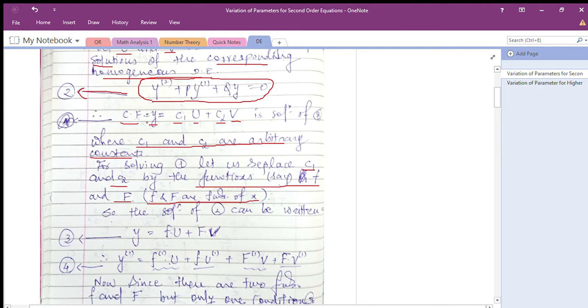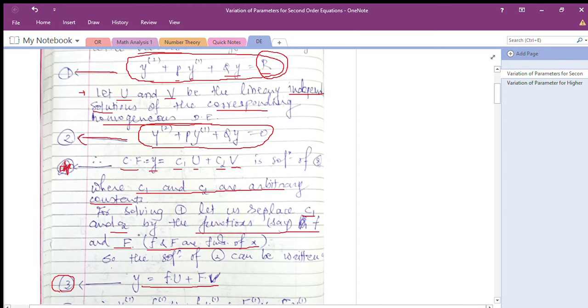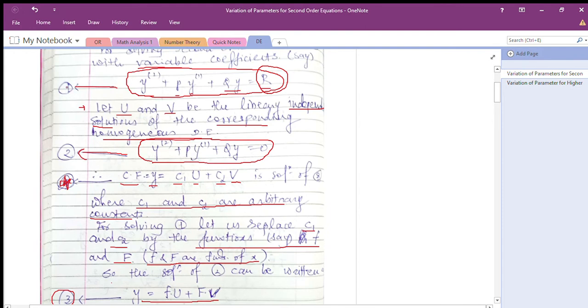So y = f u + F v. Let me call it equation number 3. Since this is a solution of the given equation number 1, it must satisfy equation number 1.